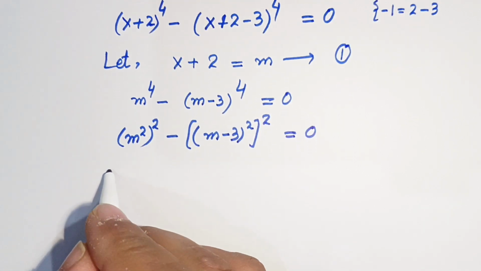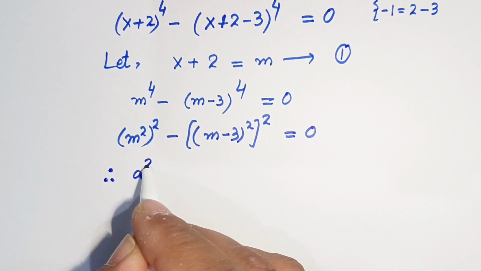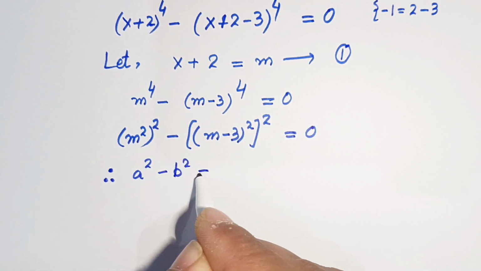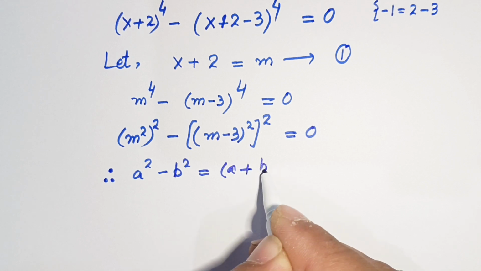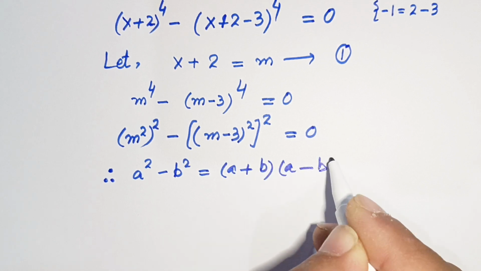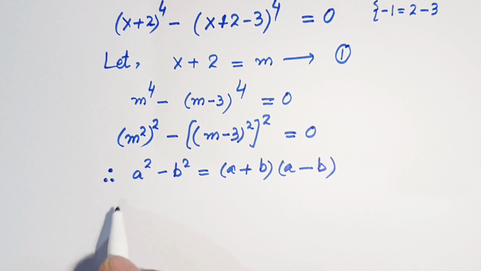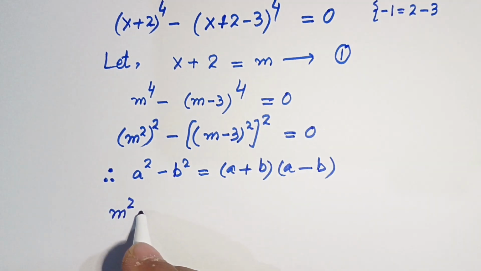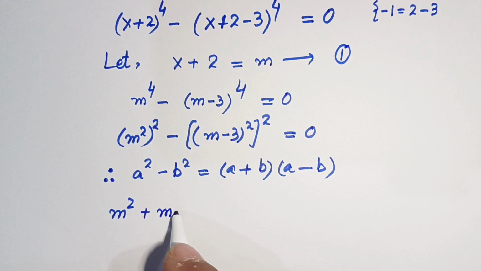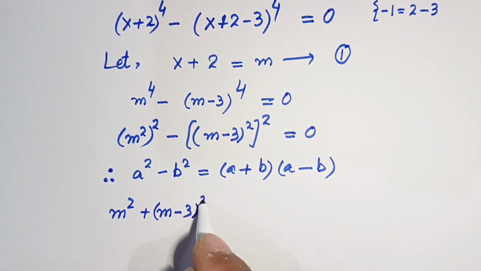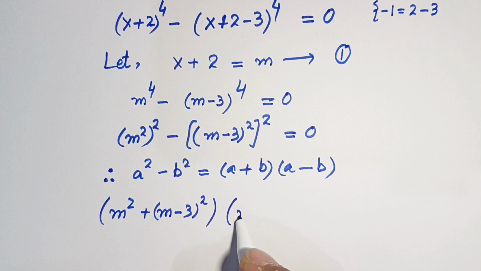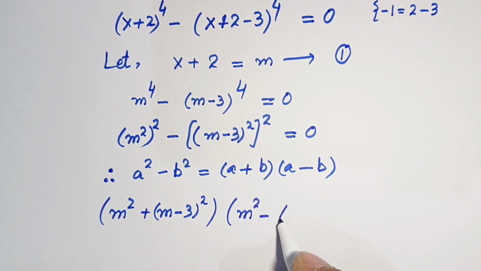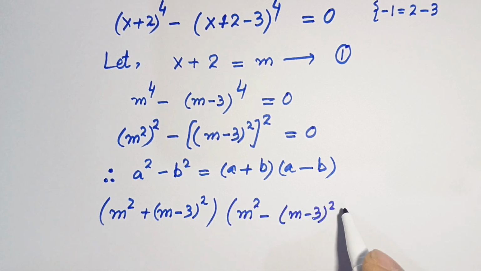So it is a nice algebraic formula, that is a^2 - b^2 = (a + b)(a - b). Using this, we have (m^2 + (m - 3)^2) times (m^2 - (m - 3)^2) is equal to 0.